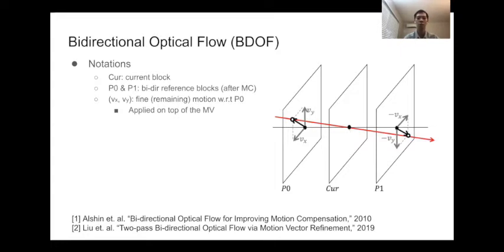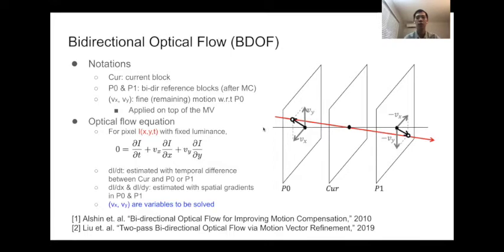So we denote it as Vx and Vy. We denote this fine motion associated to P0 as Vx and Vy. And in this way, if we assume that this fine motion is steady, the other fine motion with respect to P1 would be minus Vx and Vy.